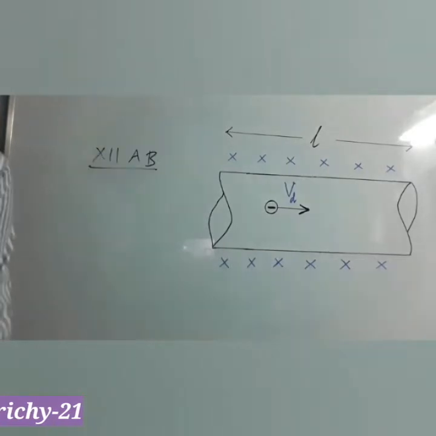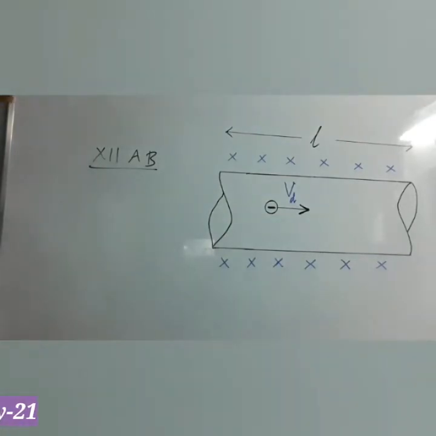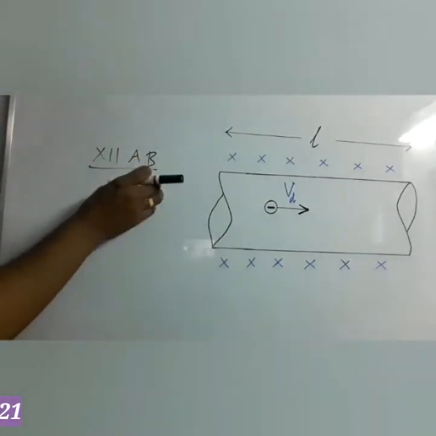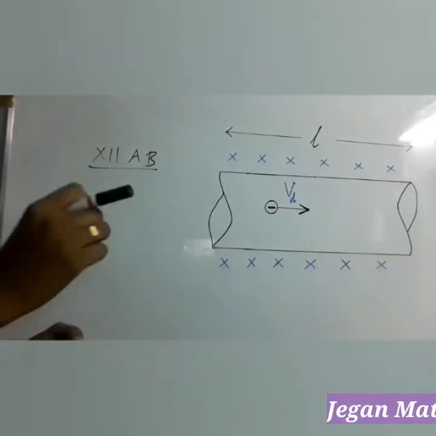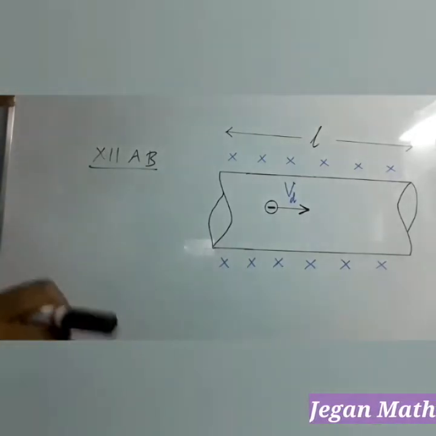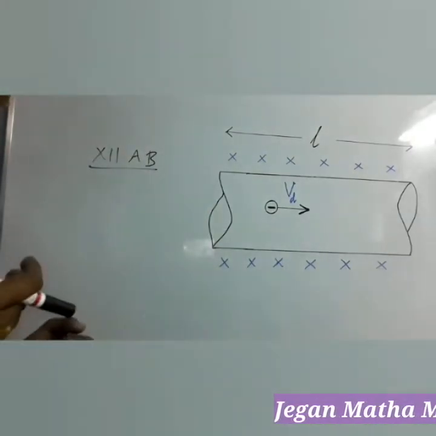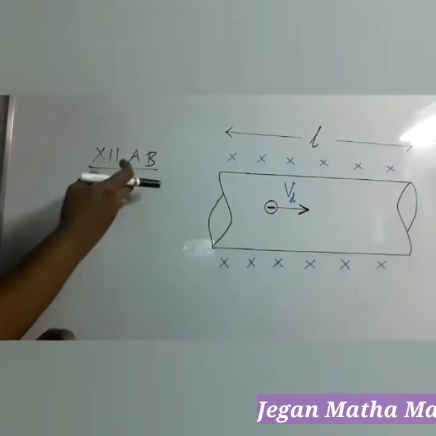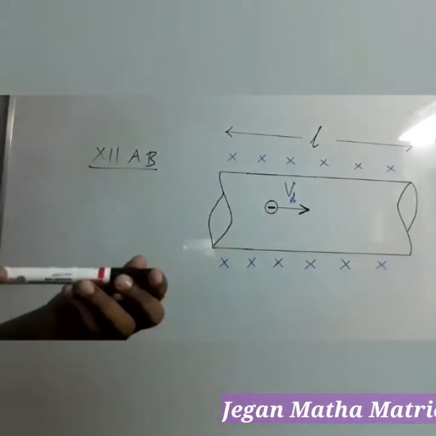In order to understand this topic, let us take this example. I need the total marks in physics in class 12th AB. How can I find that value? I need the marks scored by each student. The individual marks have to be added, then that will give you the total marks in physics in the 12th AB. The same thing can be followed here also.